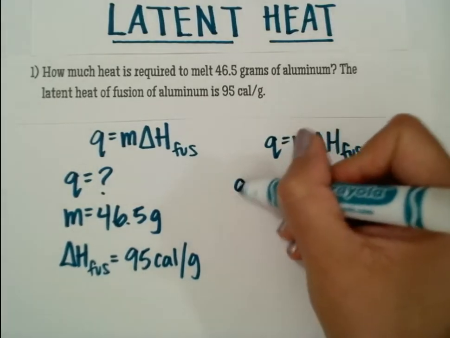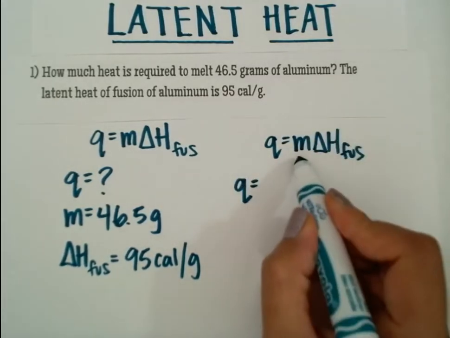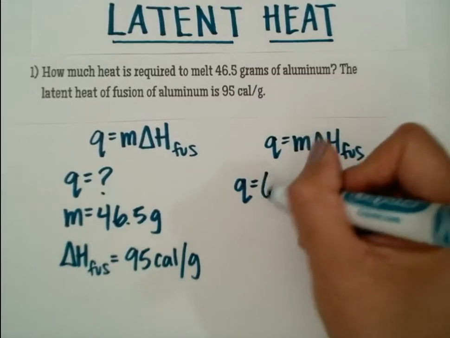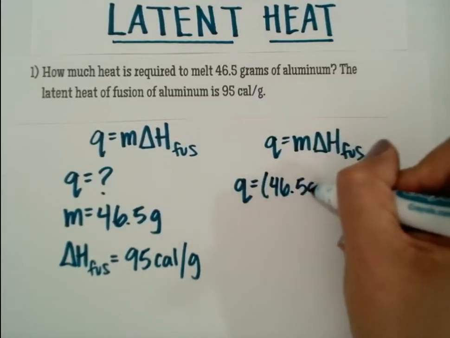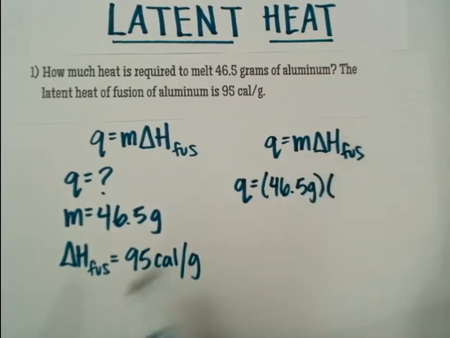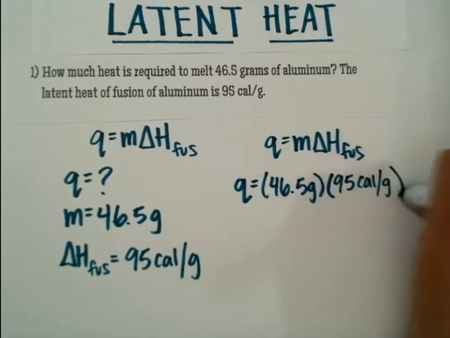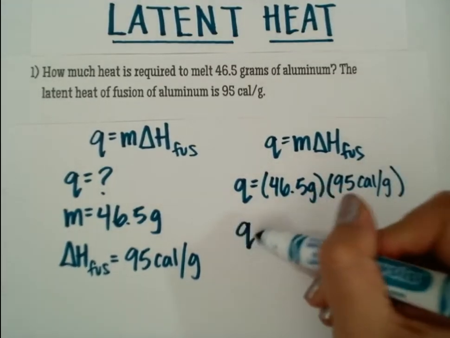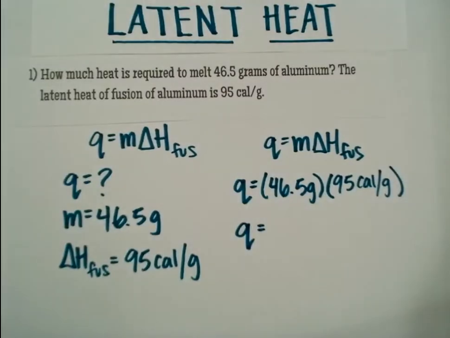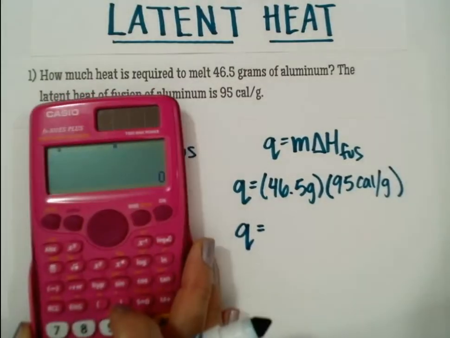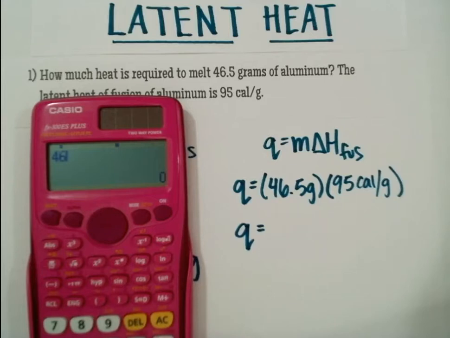So Q is equal to M, the mass of 46.5 grams, times delta H fusion, which is 95 calories per gram. I'm going to plug this into my formula, 46.5 times 95.